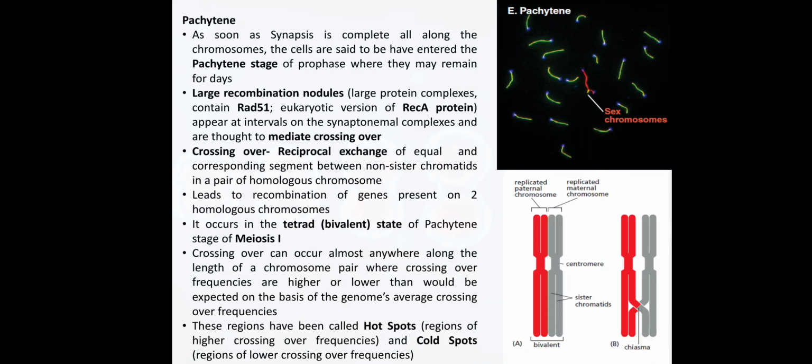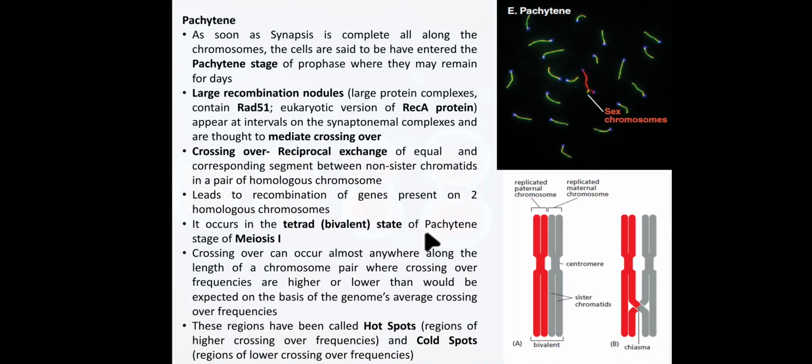The regions where the crossing over frequency is high are known as hotspots, and the regions which have lower crossing over frequency are cold spots. The chance of crossing over is more in a hotspot when compared to a cold spot. So here in pachytene stage, make note that synapsis is completed and crossing over is happening.